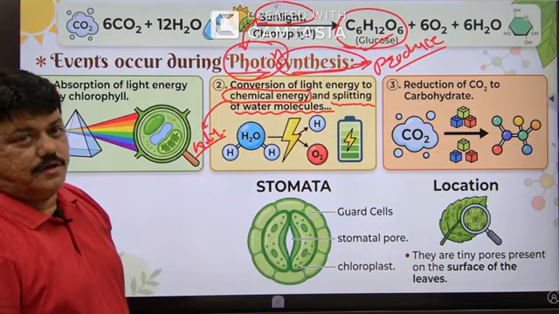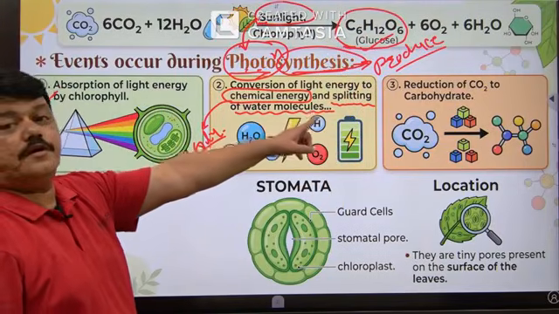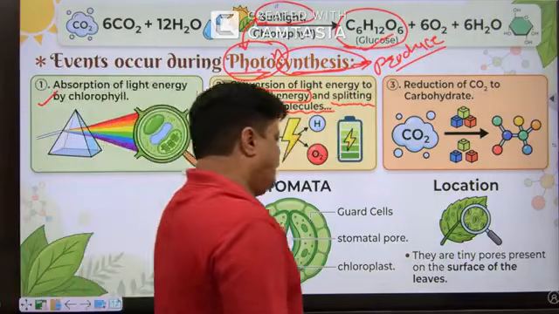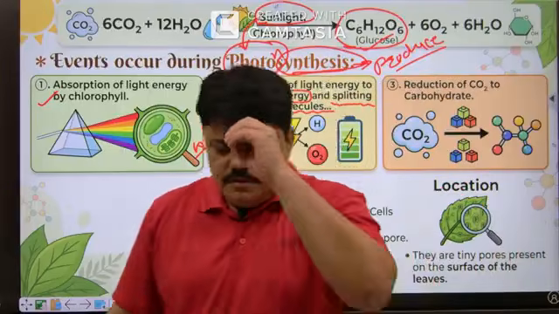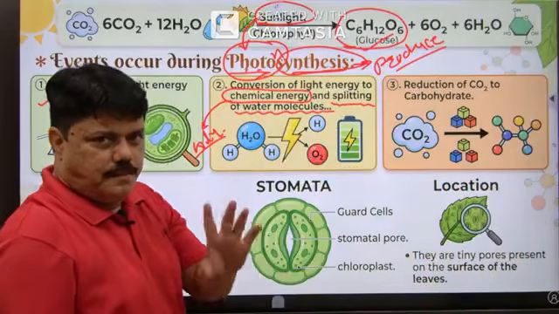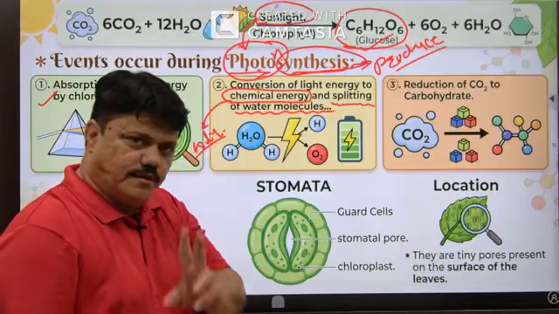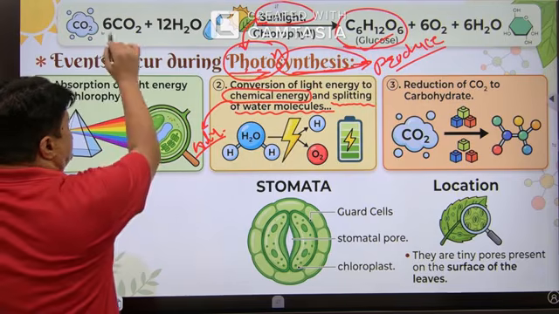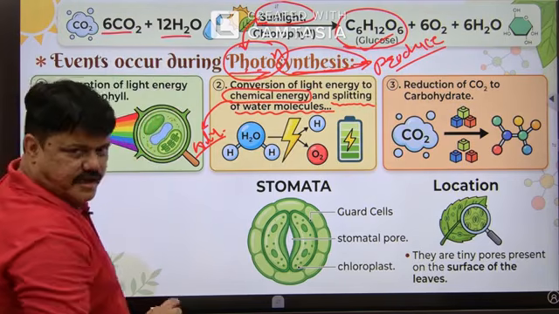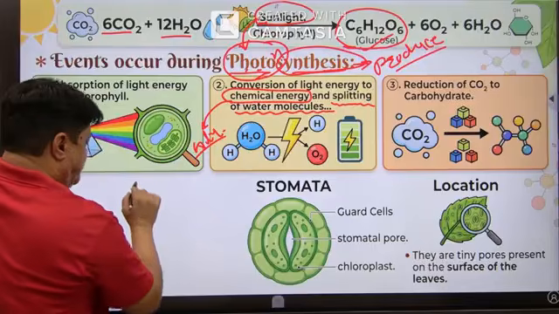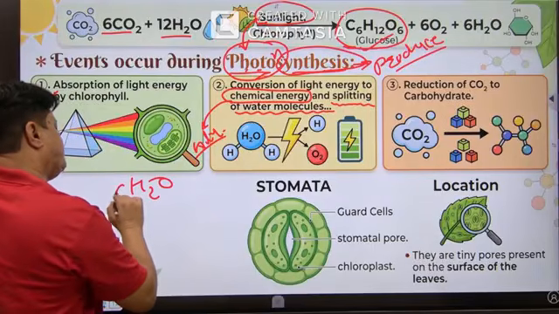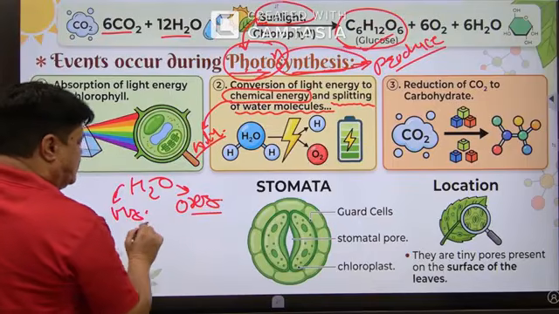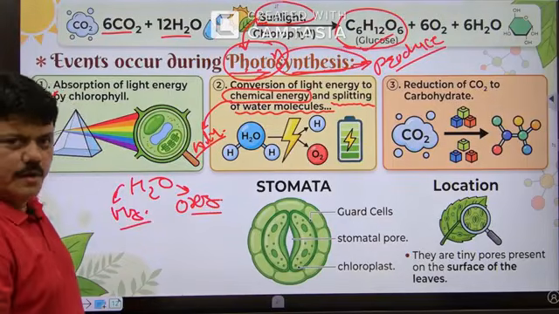And third, again important, reduction of CO2 to carbohydrates. We have already discussed these two main points during the classroom program. Two substrates are here: one is CO2 and another is H2O. In the splitting of water molecules, H2O splits into hydrogen and oxygen.